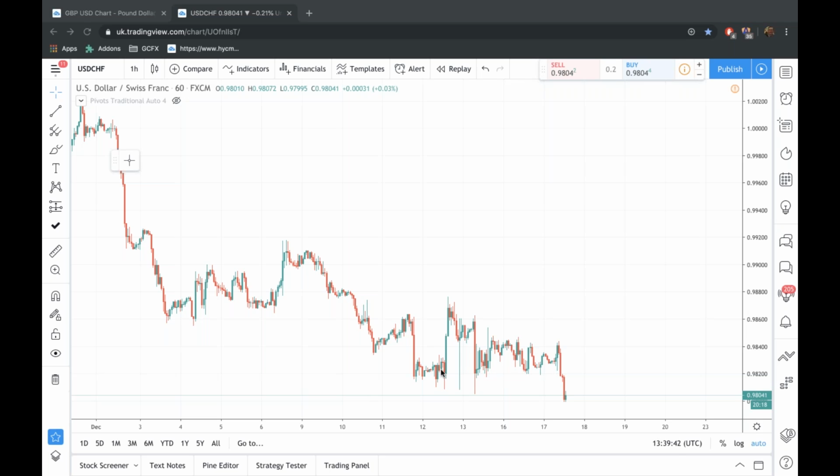What I'd like to see here is just a little bit more confirmation that the risk off tone is here, because at the moment it's kind of neutral. And there's nothing strong enough in the US dollar for me to say, yeah, I'm expecting that to be sold. When we're looking at the pound Swiss franc, there are strong enough reasons for me to think, yeah, I'm expecting the pound to be sold.